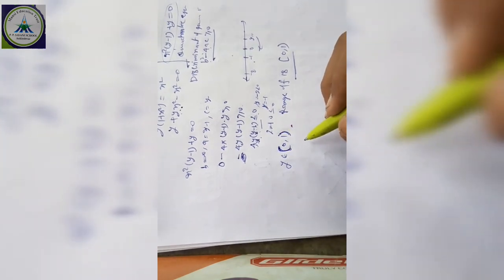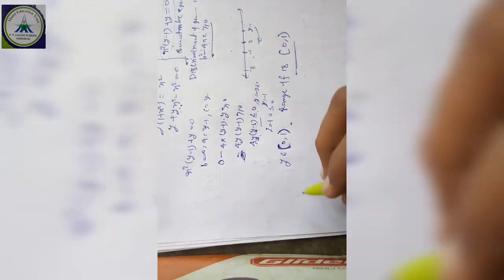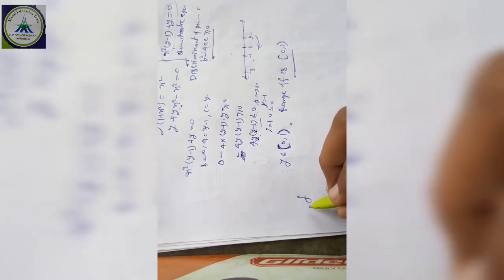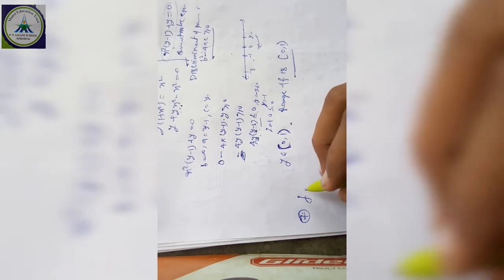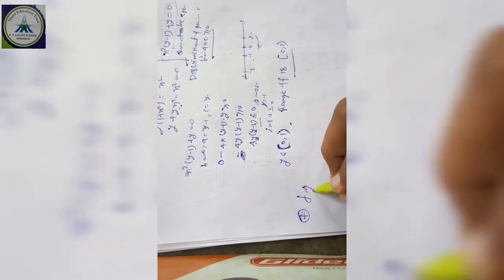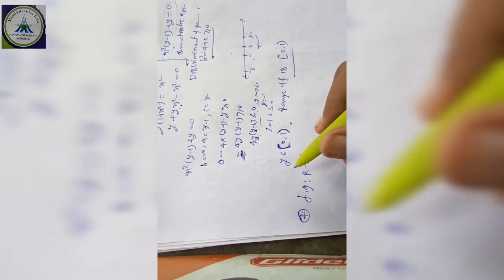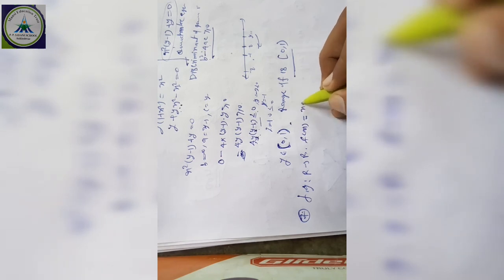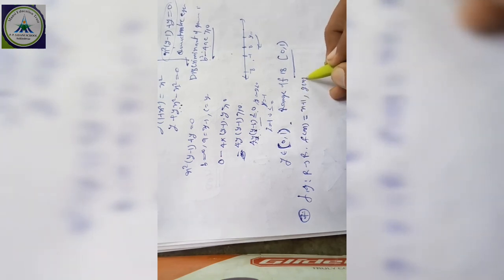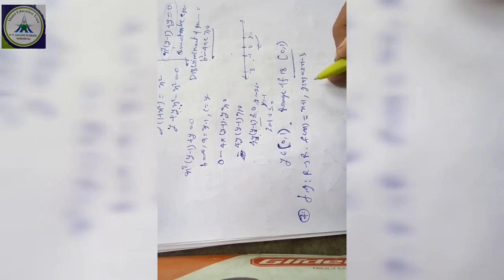Okay, the next question number 7. Question 7 is a sum, difference, multiple type question. f and g are functions from real to real, defined as f(x) = x + 1 and g(x) = 2x - 3.